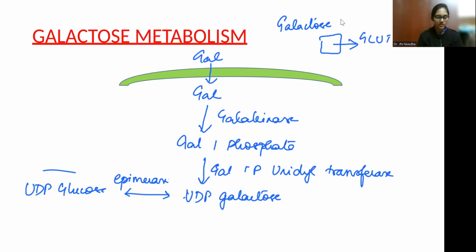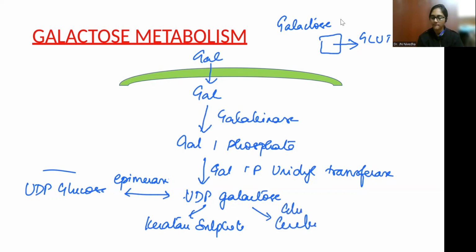You need galactose for glycosaminoglycans, keratan sulfate, and sphingolipids, your cerebrosides, which form an integral part of your nerves. These are essential components derived from UDP galactose. As long as UDP glucose is in circulation, it can form UDP galactose.